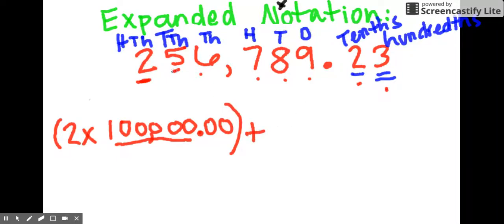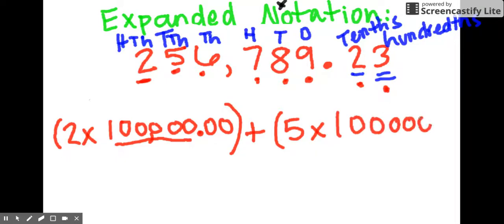Plus, now it's time to do the 5 in the 10,000s place. So 5 times 10,000. Let's see how many zeros. 1, 2, 3, 4, 5, 6. Don't forget the decimal point. 1, 2, 3, comma. Did I do something wrong? Because that looks like 100,000. I think I put in too many zeros.